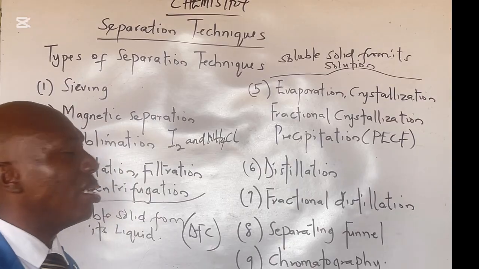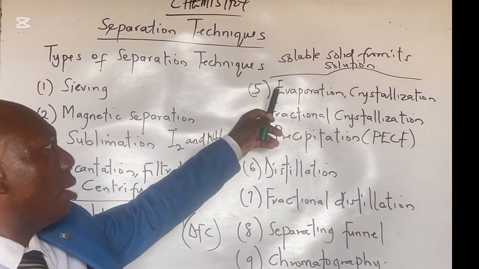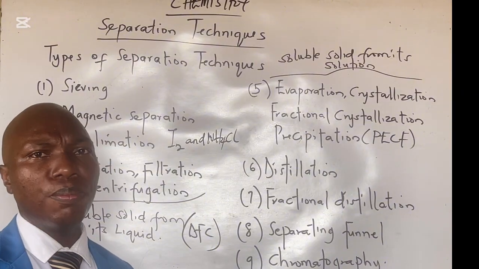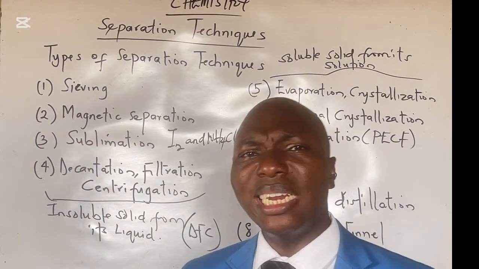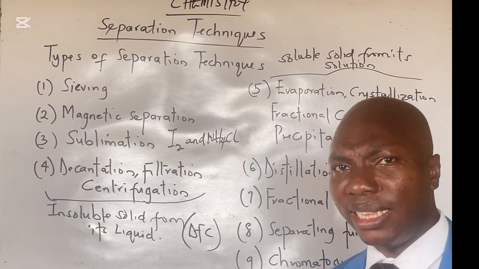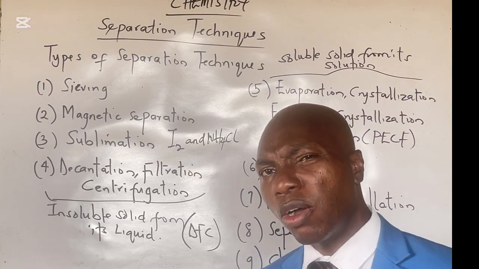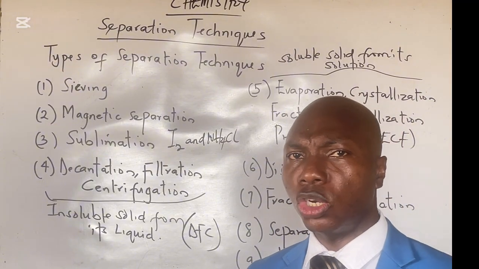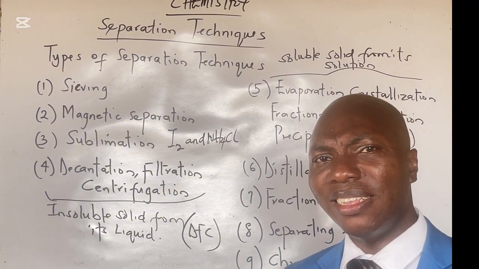Another one is crystallization. Crystallization is also used to separate soluble solid from its solution. There are substances that can easily decompose on heating from their solution. Salts which can decompose easily from their solution can be separated easily using crystallization.